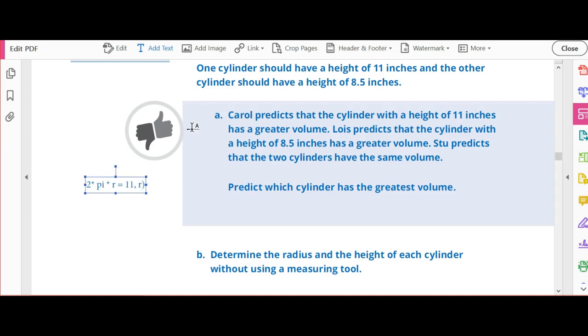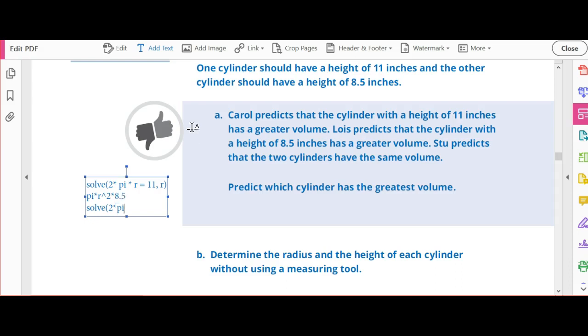So we're going to put solve over here in the front. And then once you have r, you're going to go pi times r squared to get the area of the base, and then multiply that by the height. So you would do that, and then you would do it again. Solve 2 times pi, oh, the height was 8.5, sorry, 8.5.